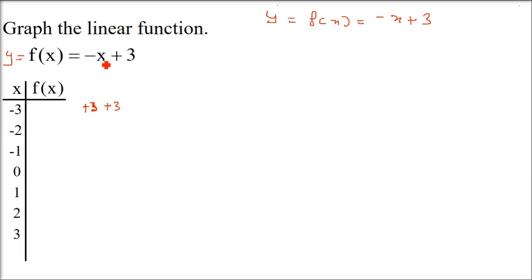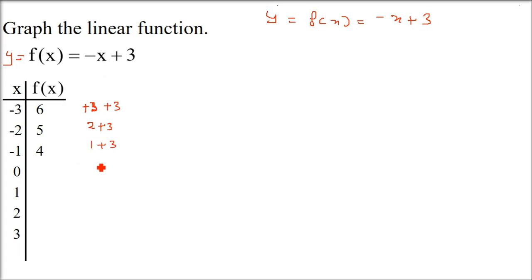So -x, I'm putting x as -3. Negative, positive, and plus 3. This is going to be 6. Now put x as -2. Negative, positive. It is going to be 2 plus 3. That is going to be 5. Put x as -1. Negative, positive. 1 plus 3. That is going to be 4.